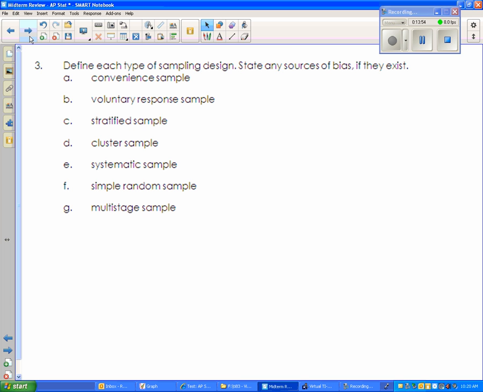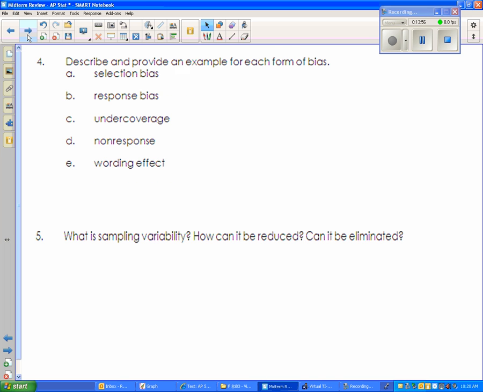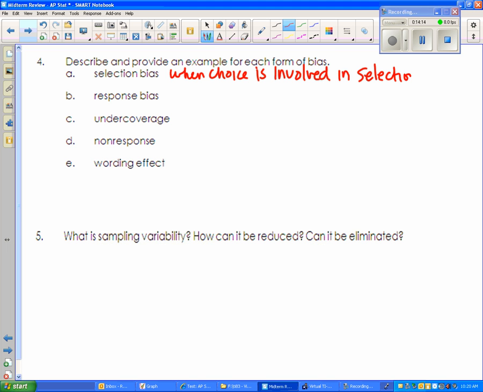But I do want to talk about bias in particular because there was some confusion with bias. So selection bias, that's when choice is involved in the selection of the sample. As soon as choice is involved, there's going to be bias.